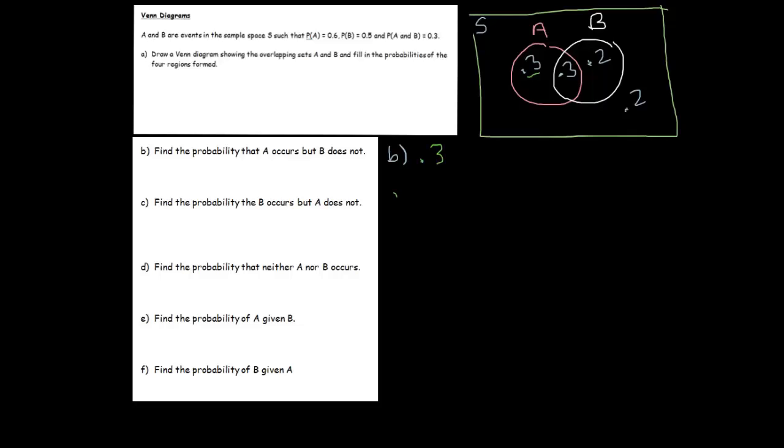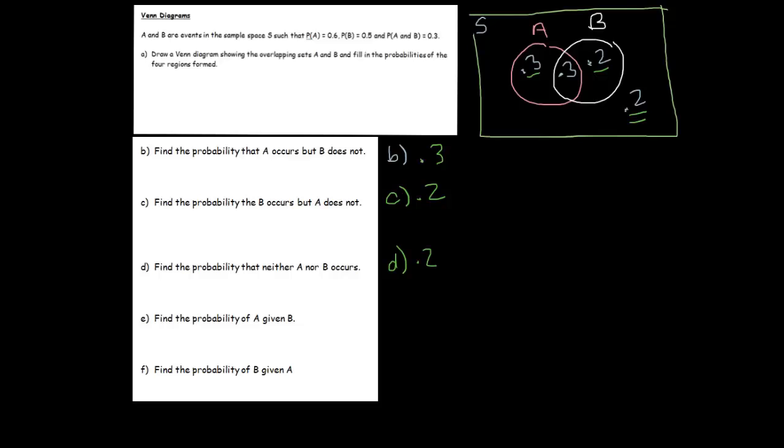For C, it says find the probability that B occurs but A does not. Well, that's just the region that's in B but not A, so that's 0.2. The probability that neither A nor B occurs is the probability represented by the region that's in neither circle, the region that's not contained in either circle. So that's this 0.2 here. It's not in A and it's not in B.